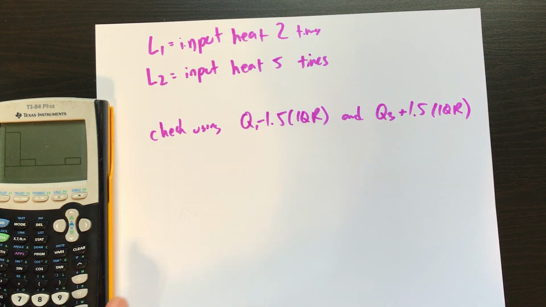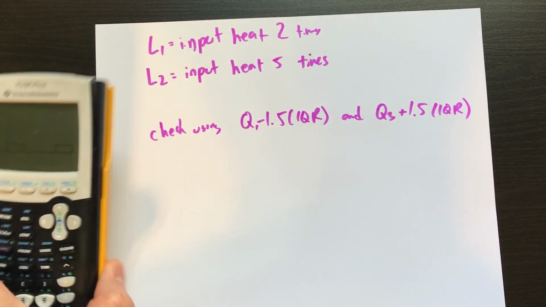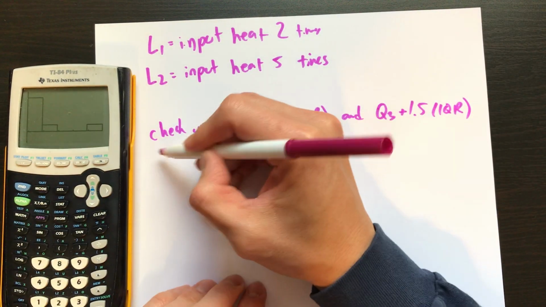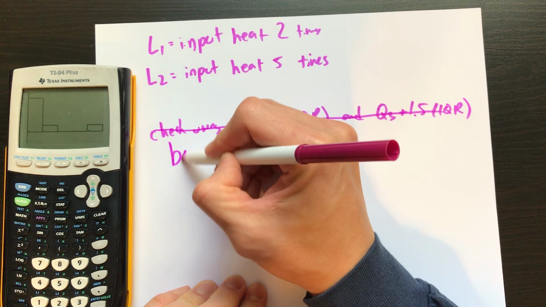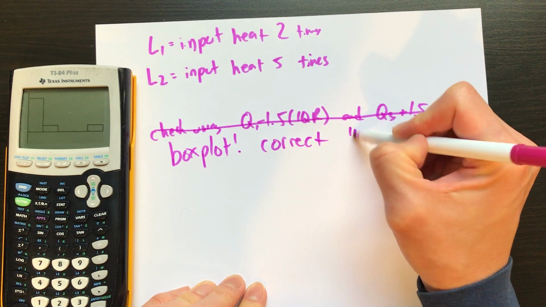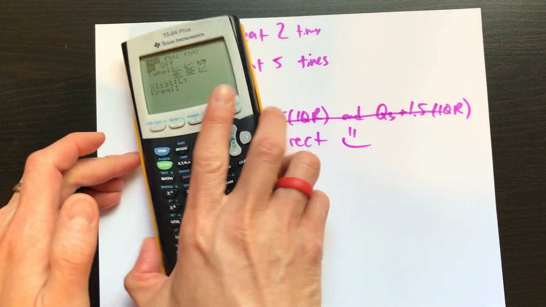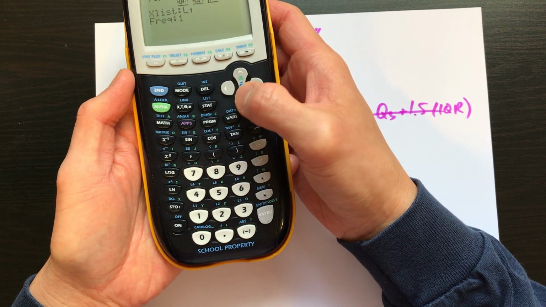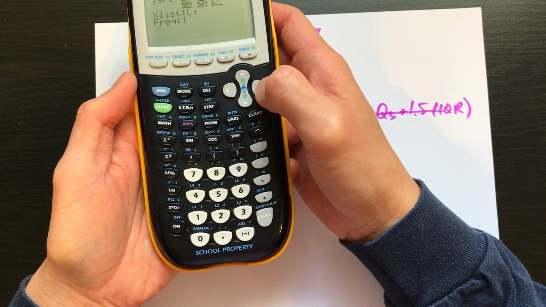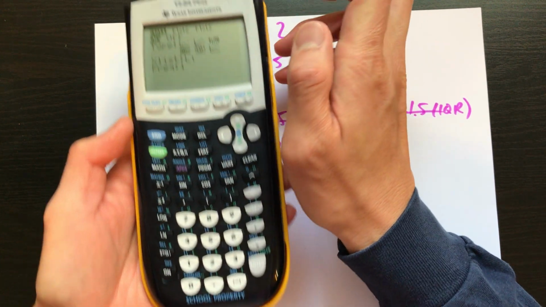I could do that, or is there a faster way to check if she's an actual outlier? If you said box plot, you're correct. Yay. So go to second stat plot, and for the plot that's on right now, look at the type, and choose the box plot with the 2 dots to the right, because those are the outliers.